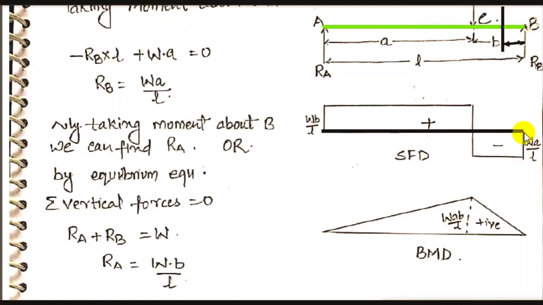So we show it as negative shear force W a by L. Now we can move this section from this point up to point C. The force is constant, that is W a by L, and it is acting up to this point.